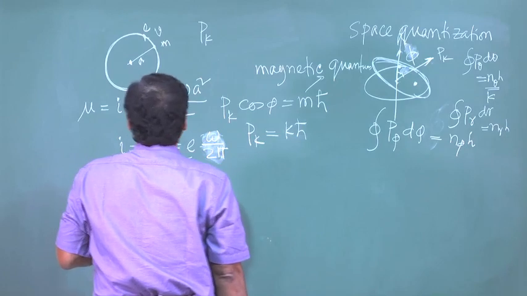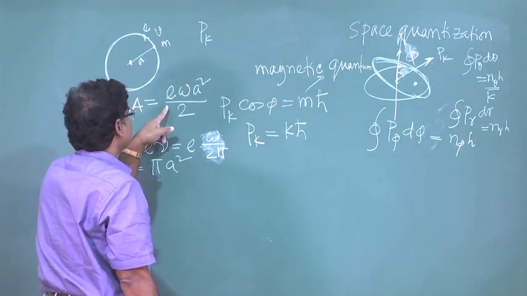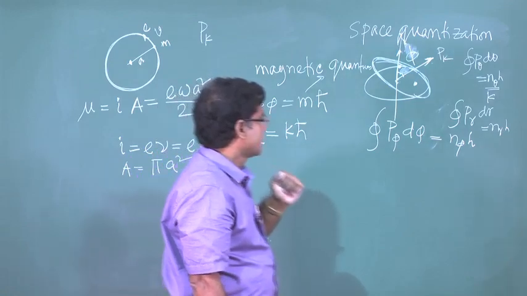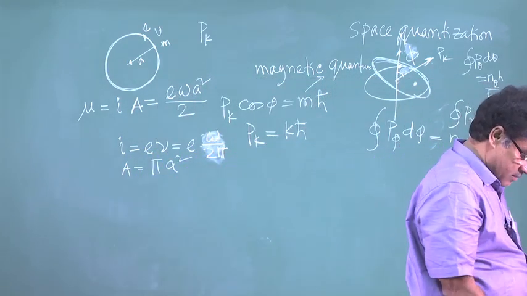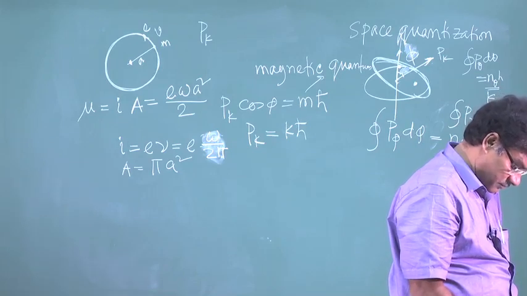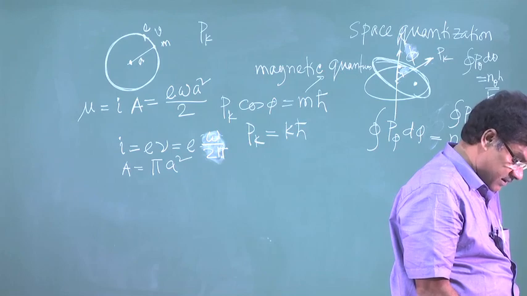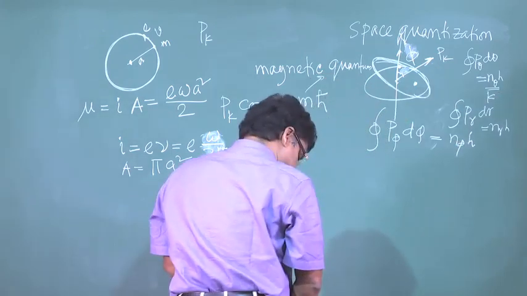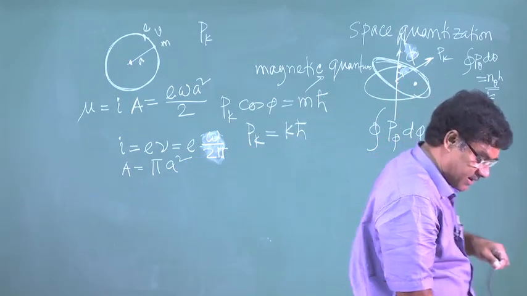You remember that this is e omega a square, and from here the Bohr radius was defined. So, in terms of Bohr radius also we can define this.